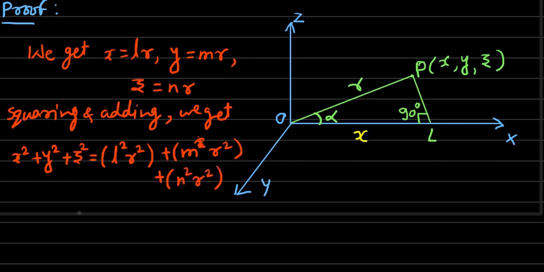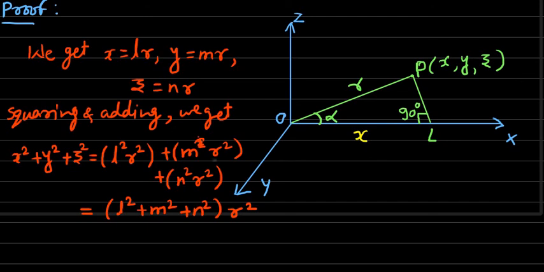We can take r square common, and after taking r square common, this becomes L square plus M square plus N square into r square. We have taken r square common from the right hand side. Okay, so we have got this relationship.